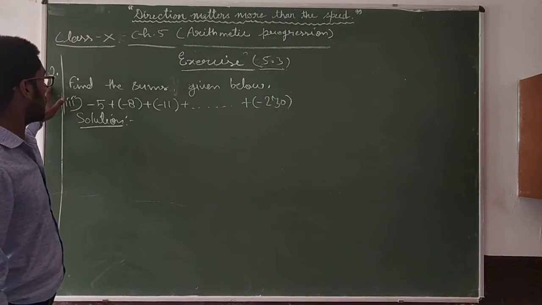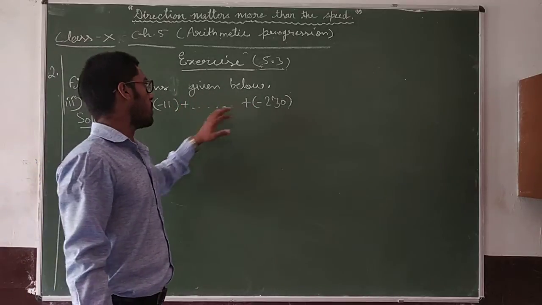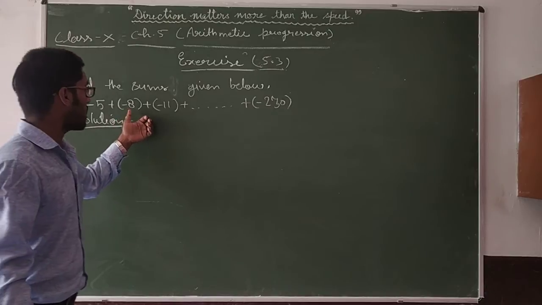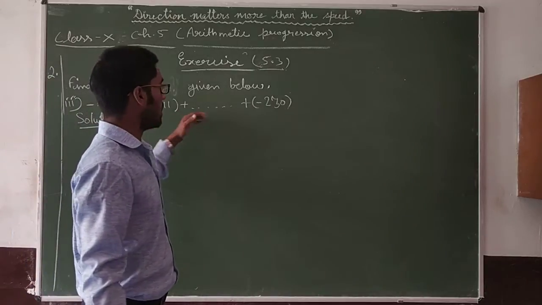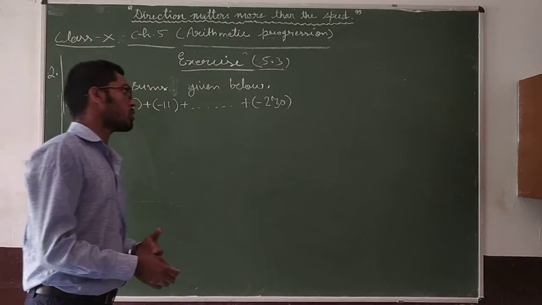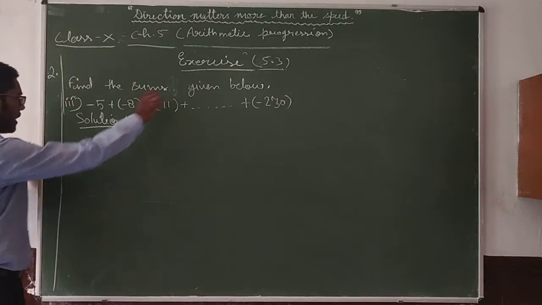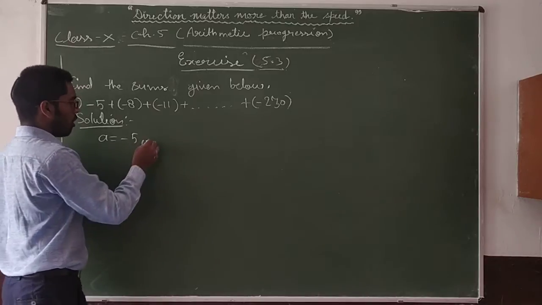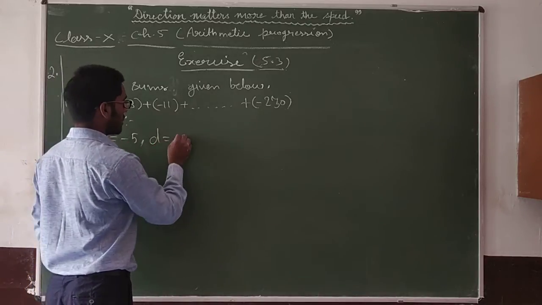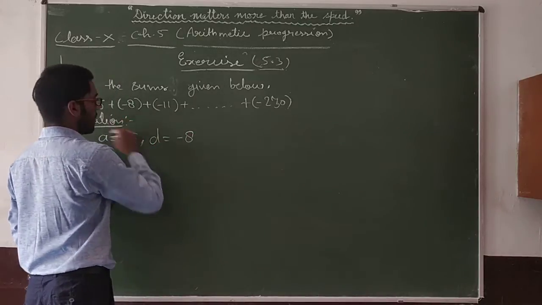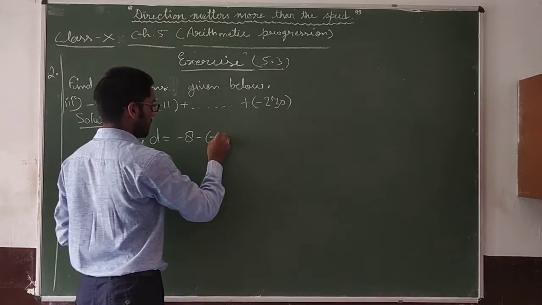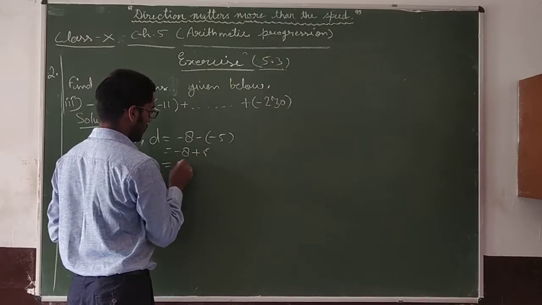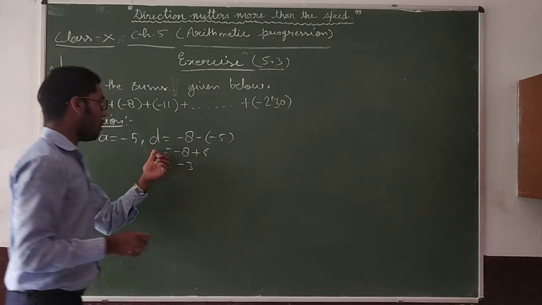Next question: find the sum given below. The series is minus 5 plus minus 8 plus minus 11 and so on, and the last term is minus 230. Here the first term a is minus 5 and the common difference d is the second term minus the first term: minus 8 minus minus 5, then you will get minus 3 as the common difference.